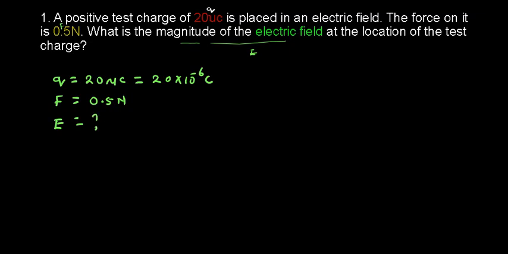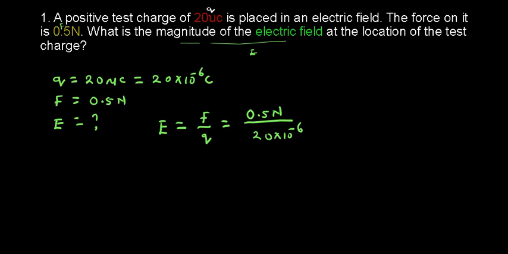Then we recall that electric field E is equal to force per unit charge. Remember from the definition. So we put in our values. Force equals 0.5 Newton, divided by the charge Q, which is 20 times 10 raised to the power negative 6.